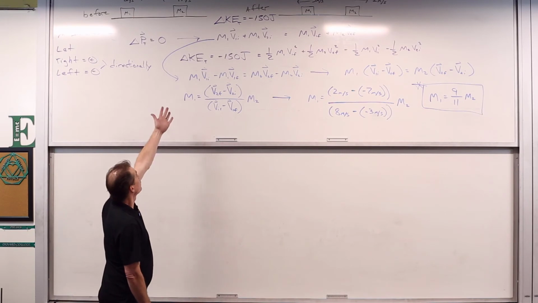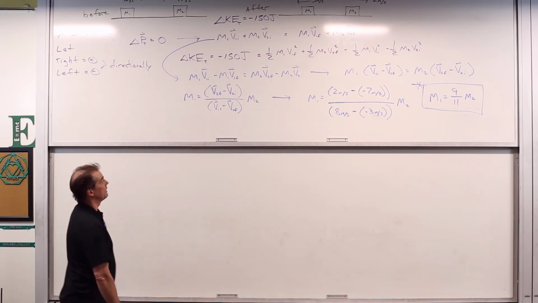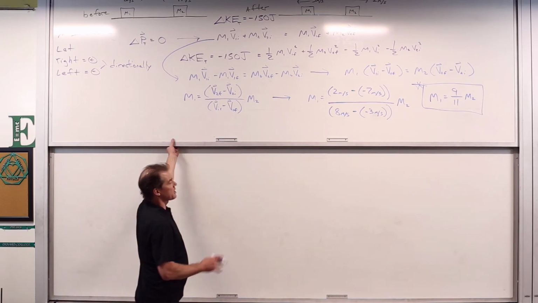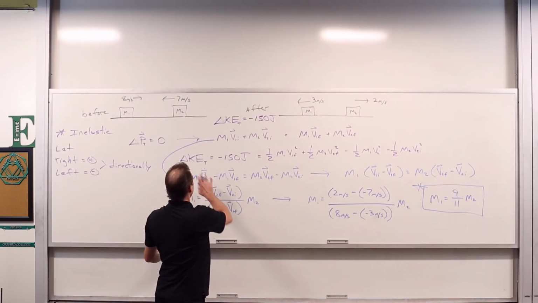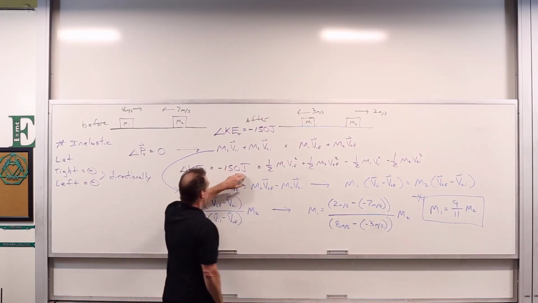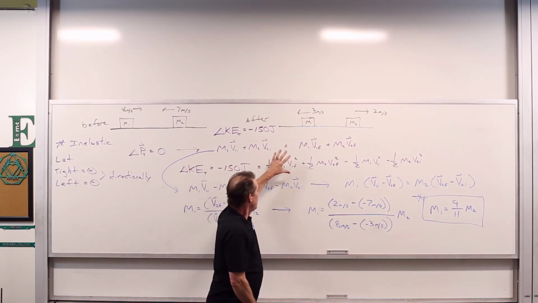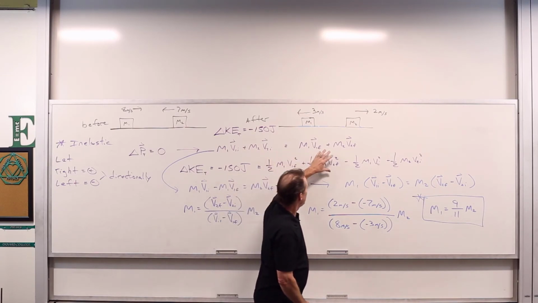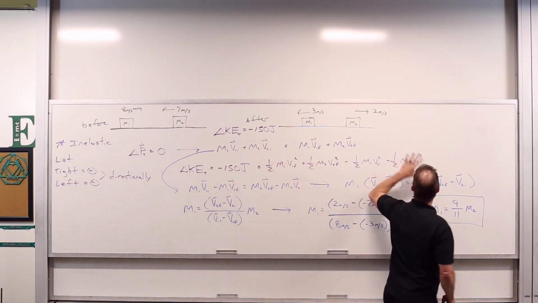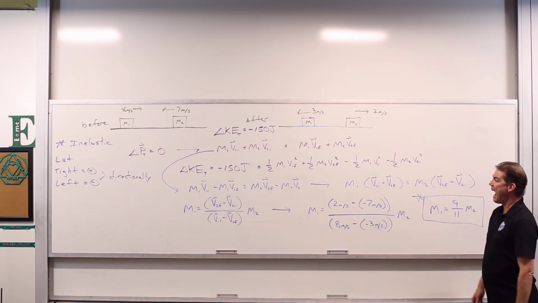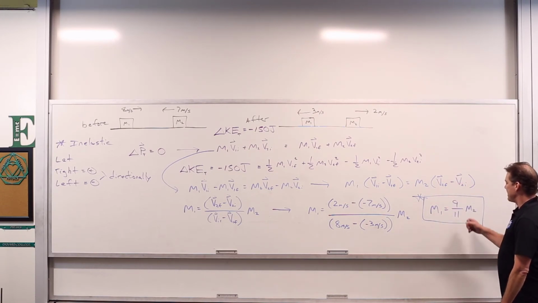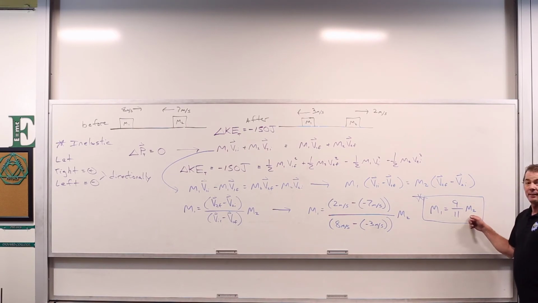So now we look to the change in kinetic energy. And we've got this nice expression. Pull this back down. We've got this nice expression right here. Negative 150 joules is equal to KE1 final plus KE2 final minus KE1 initial minus KE2 initial. And we've also got that M1 is equal to 9/11ths of M2.